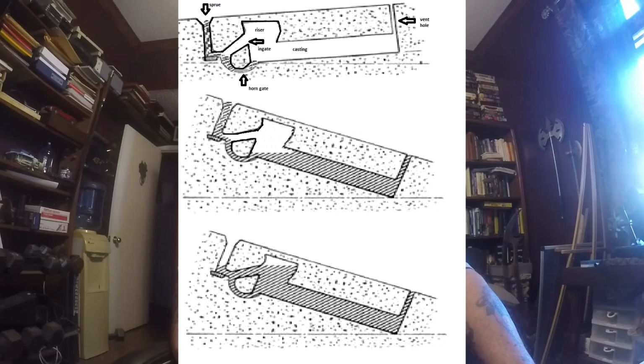All right, we have a casting that basically looks like a slab that somebody wants to make absolutely certain is going to be fed from the far end of the casting over by the vent hole, and will fill up until it reaches the riser.